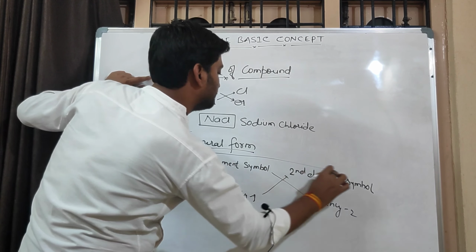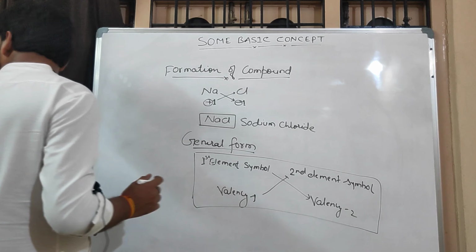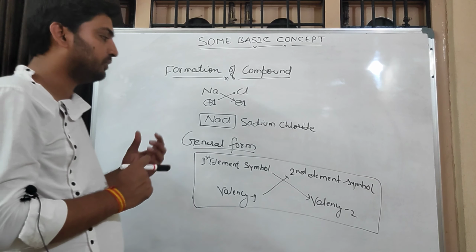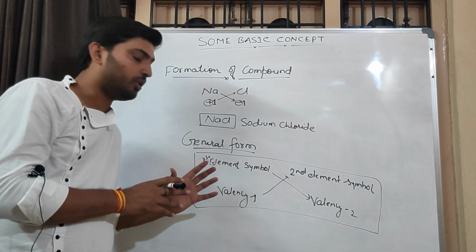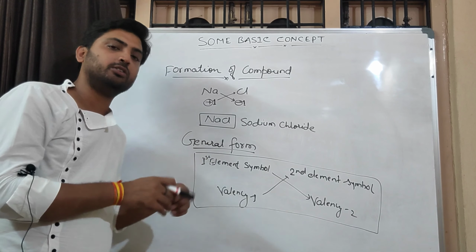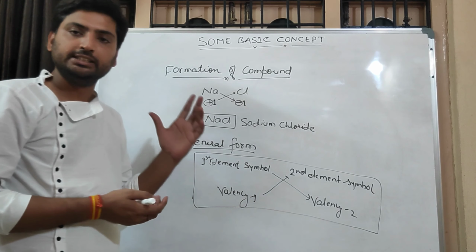Note it down or take a screenshot of it. This is the standard form to form any compound. I am repeating it, to form any compound. This is a simple compound. We will make complex compounds also, but the formula will be the same.